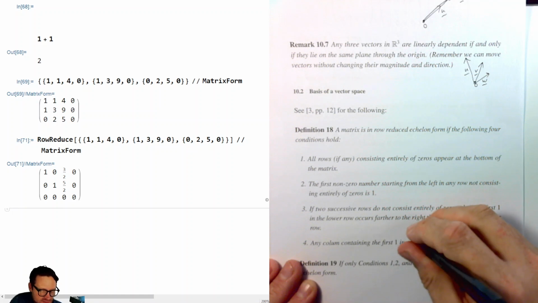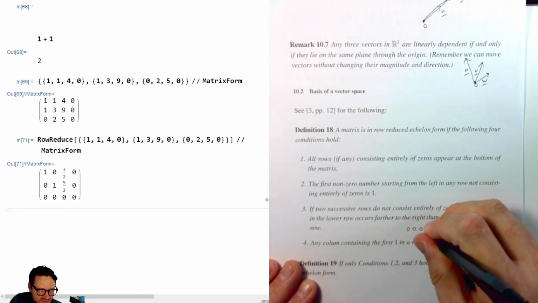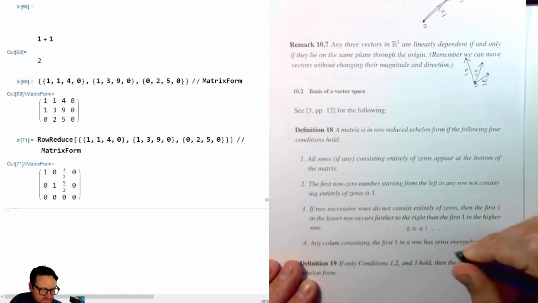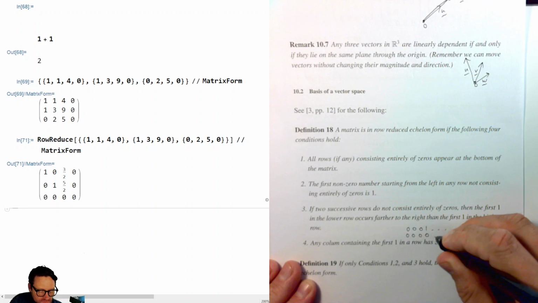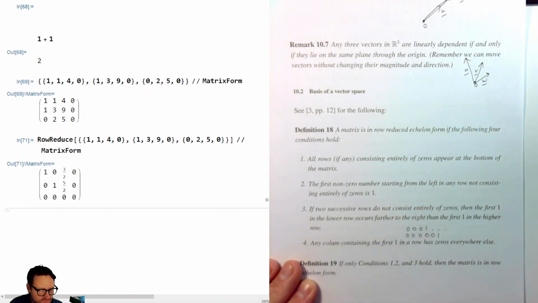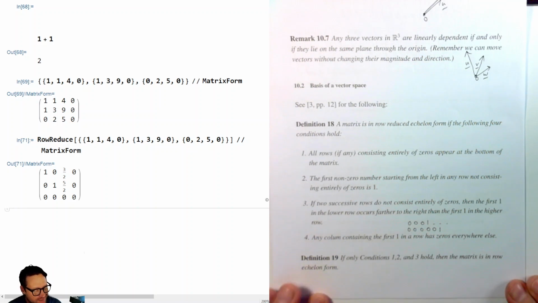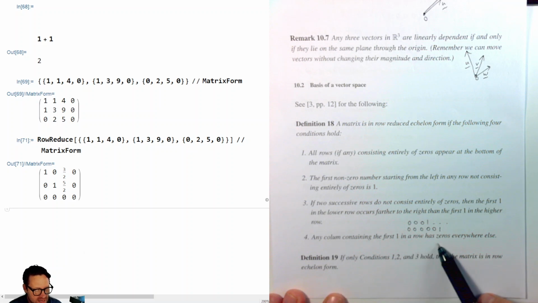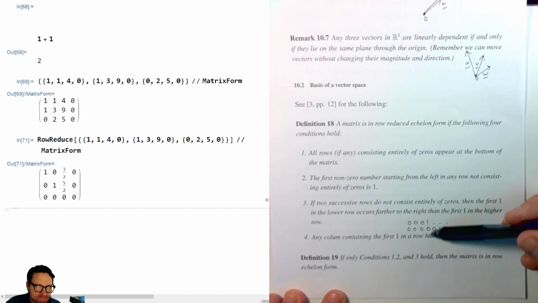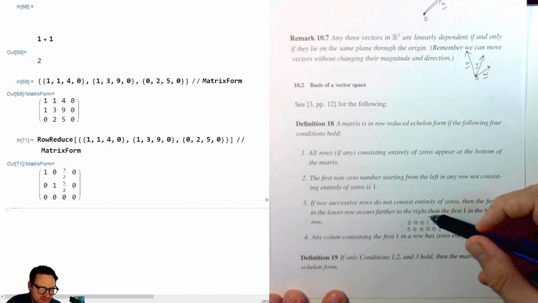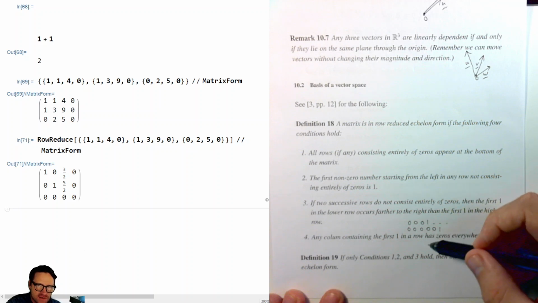So in other words, we've got something like this, and then the row below that has to have its pivot farther to the right. Okay? Four: any column containing the first one in a row has zeros everywhere else. So that's columns, right? Okay, so if this is a pivot, then I need to have zeros everywhere else in that column.